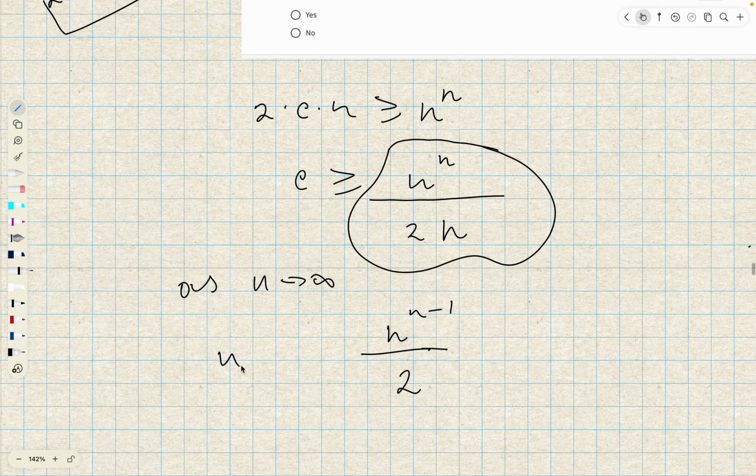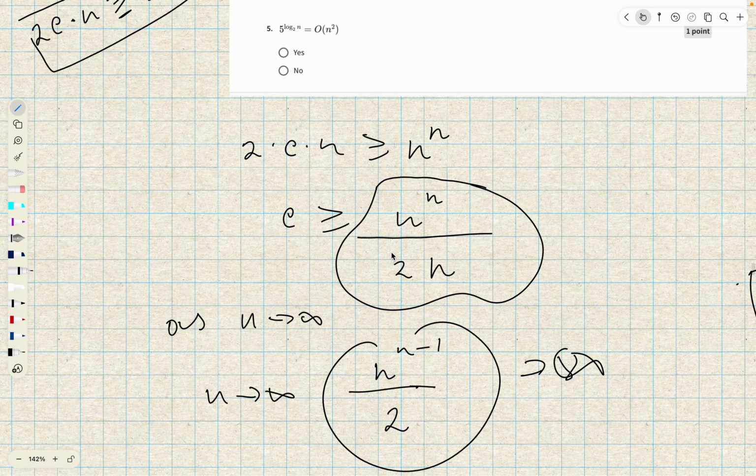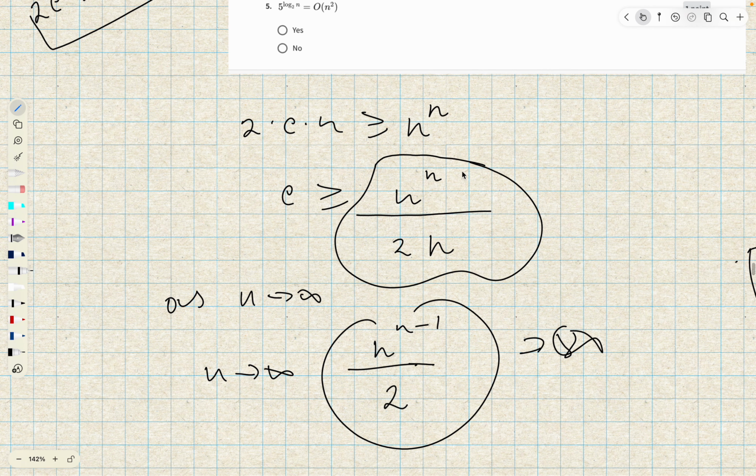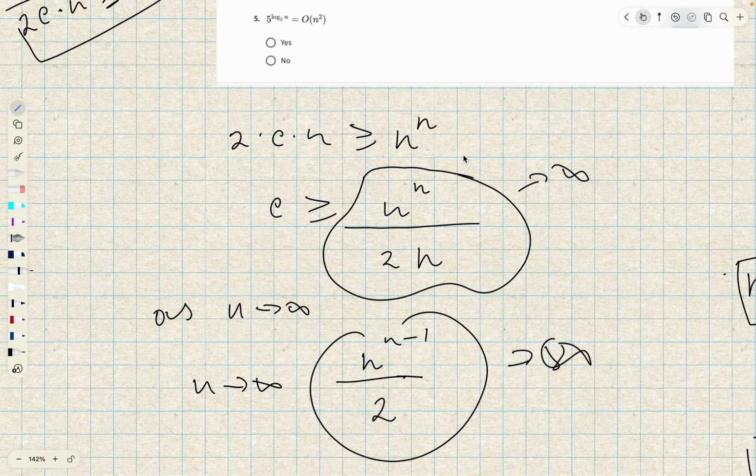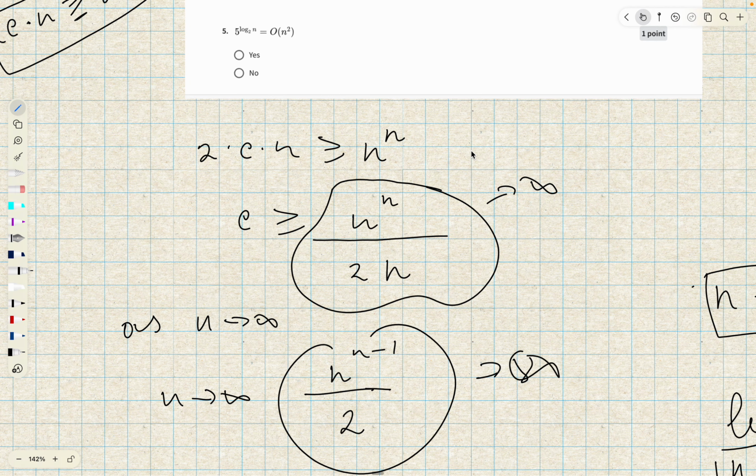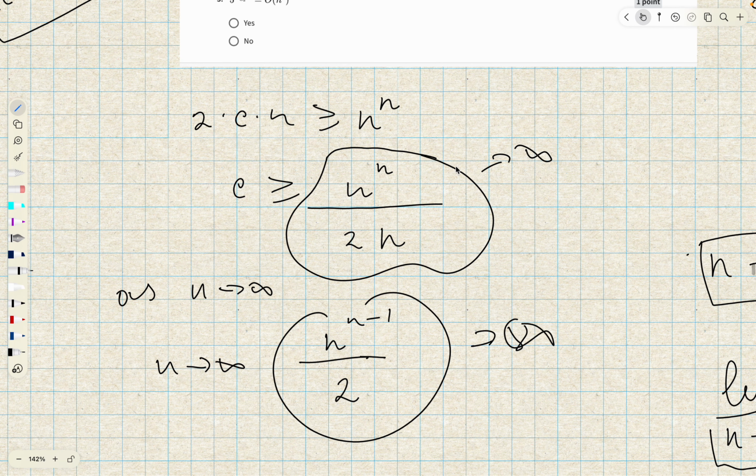And as n goes to infinity, this goes to infinity. We cannot find c, and we cannot guarantee a point after which c always holds true for n, because this is growing to infinity.